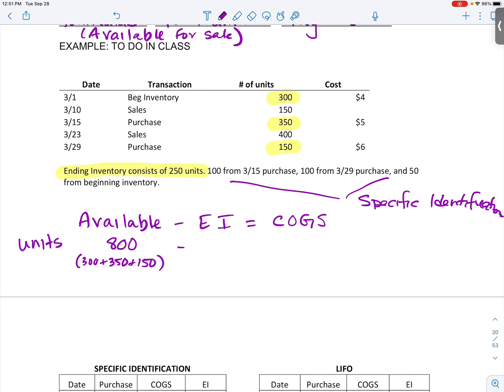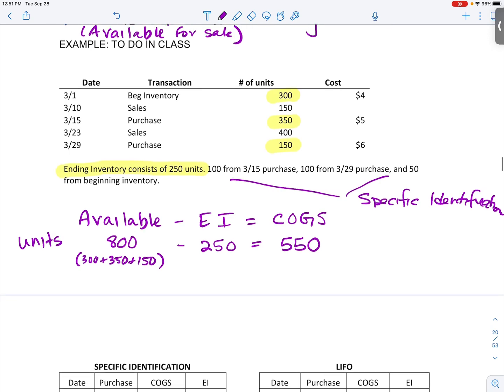Then it tells me what my ending inventory is, which means that my cost of goods sold in units must be 550 units. I'm going to keep coming back to this. So it's a good thing to make sure you have all of those numbers to start with so that you have some check figures to go back to.